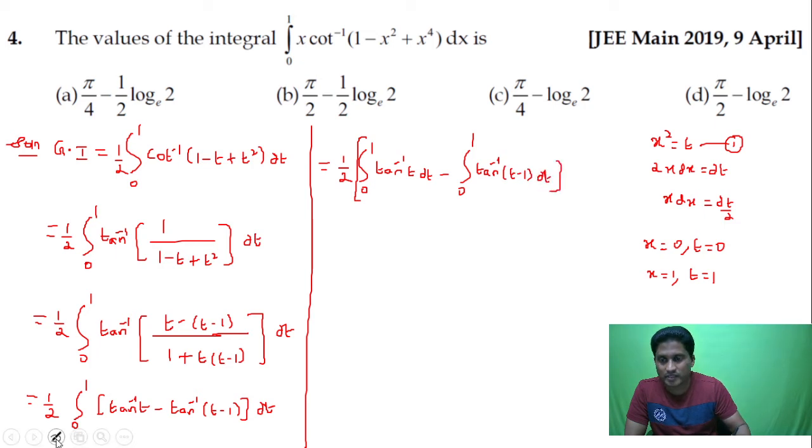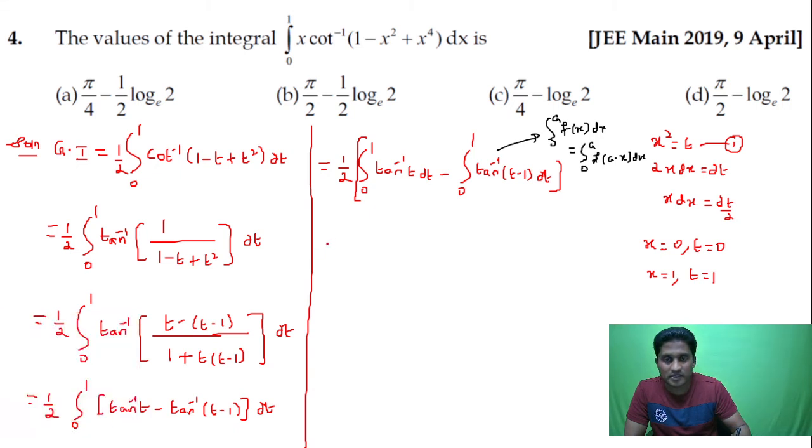Here we will use the King's property. So here I'll use 0 to a f of x dx is equal to 0 to a f of a minus x dx. Here I'll use the King's property.